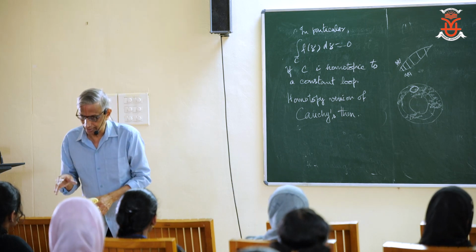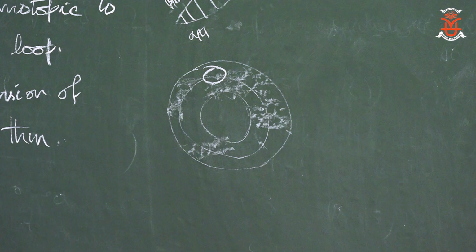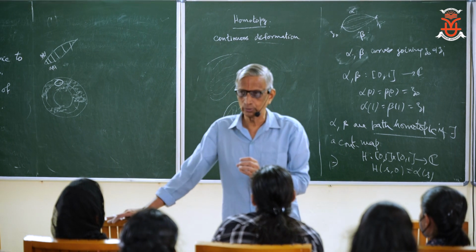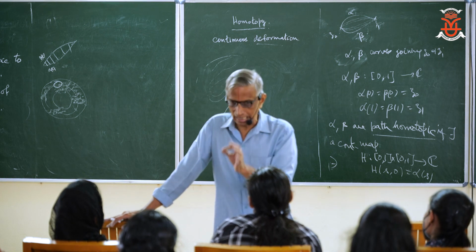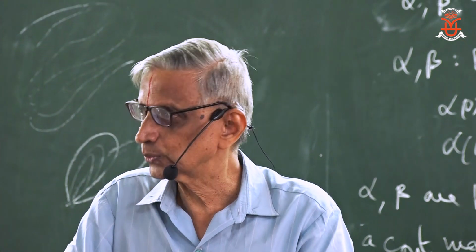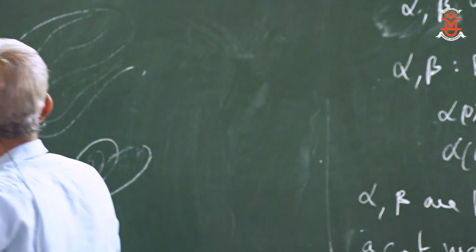If we can do that for every closed curve in the domain, or restating that, if in a domain omega, every closed contour is loop homotopic to a constant, then you say that the domain is simply connected.